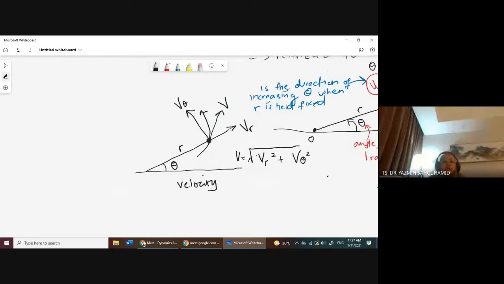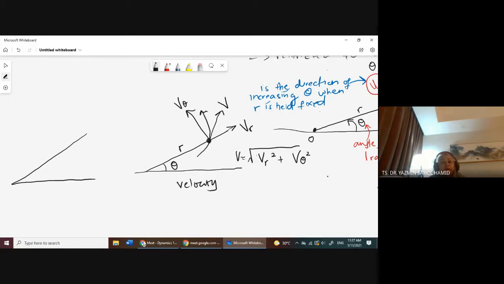So just draw so that you understand. Maybe my diagram is not that nice. I hope you're drawing a nicer diagram than me. Are you copying, guys?